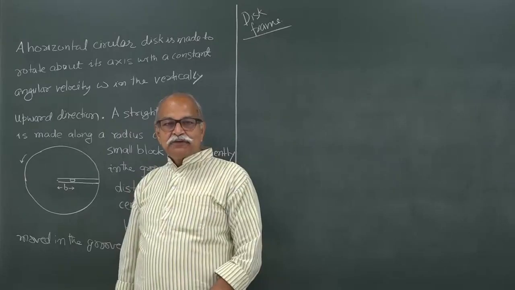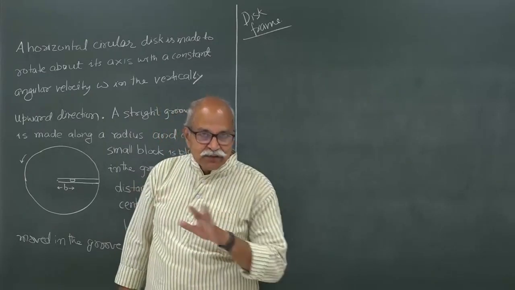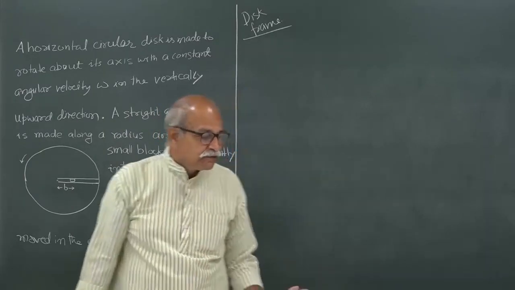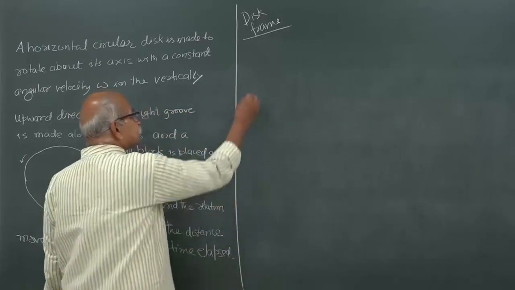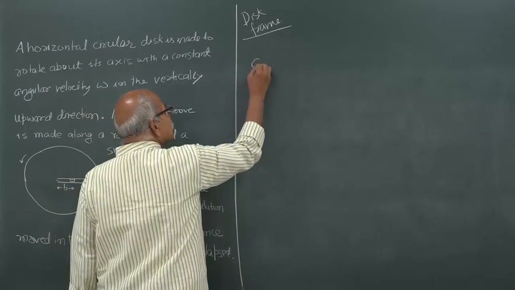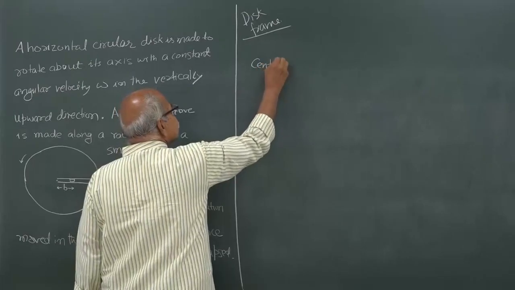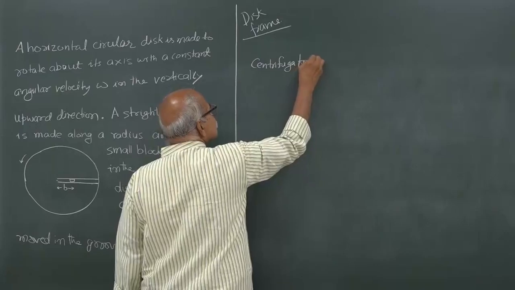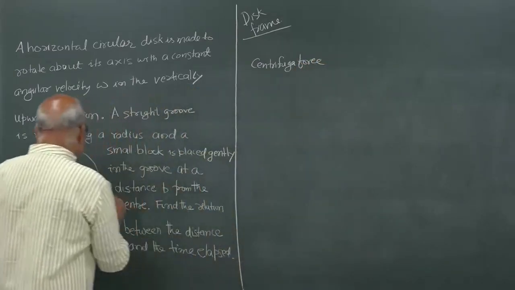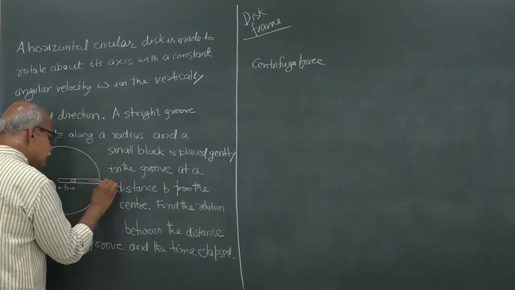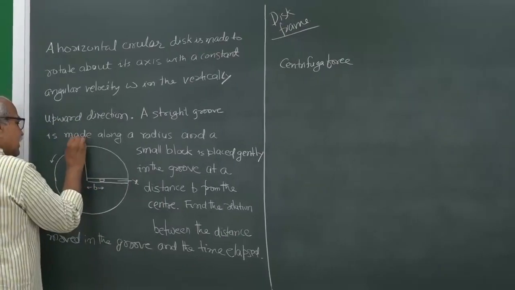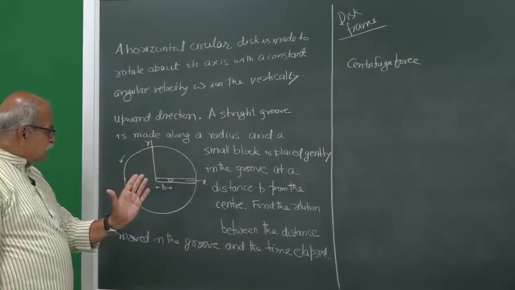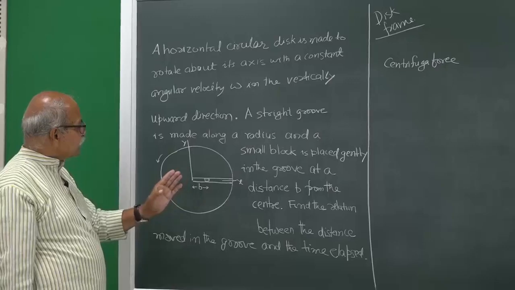So, the only force in the direction of motion is the centrifugal force. I can call this the x axis, y axis here, and z axis along the vertically upward direction, which is also the direction of omega.